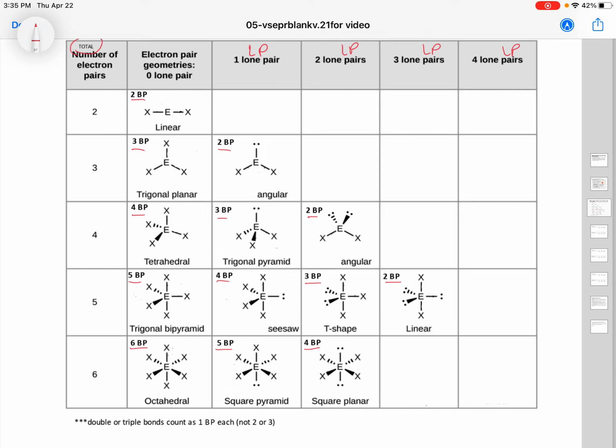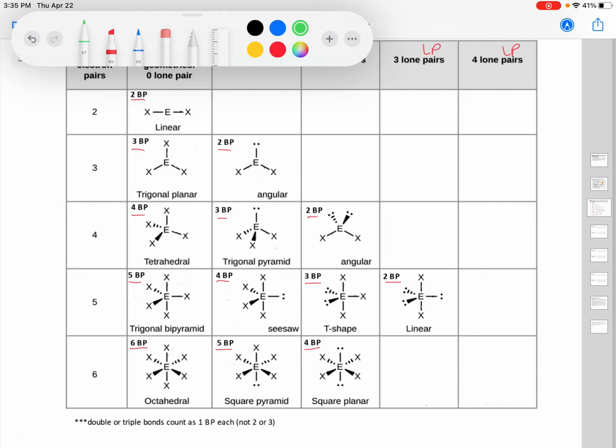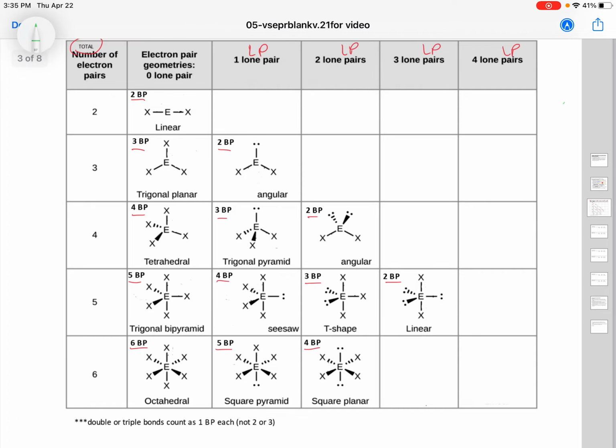So what we're going to do is count how many lone pairs and how many bond pairs there are, and then determine the shape. If you notice on this picture, there are a couple of weird things here. We have these dashed lines, and we have this solid triangle.